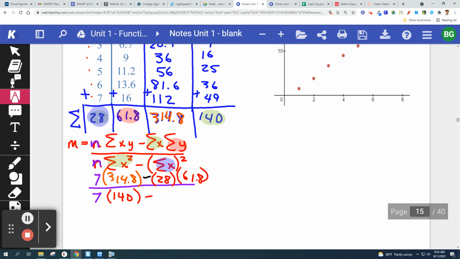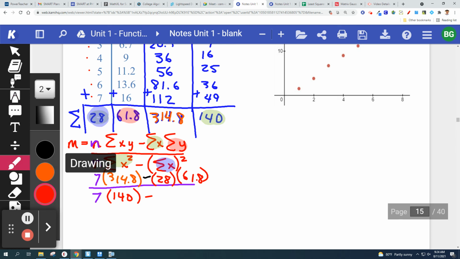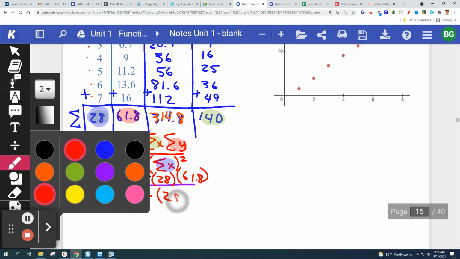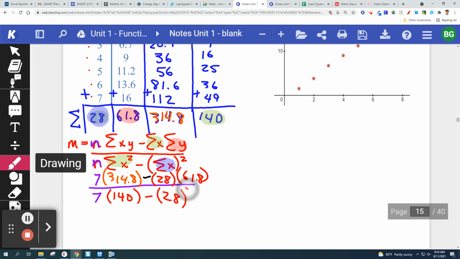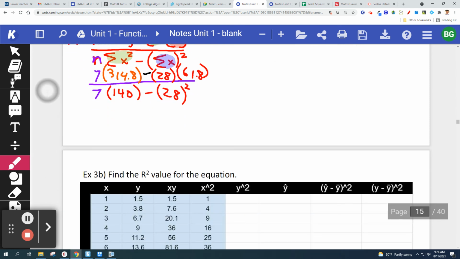So I want sigma x, which is 28, and then I'm going to square it. Okay, so I think the hardest part is just keeping your eyes from going crossed there. You've got a lot of little numbers. You got to plug them into the right place, and now you've got to plug them into your calculator appropriately.